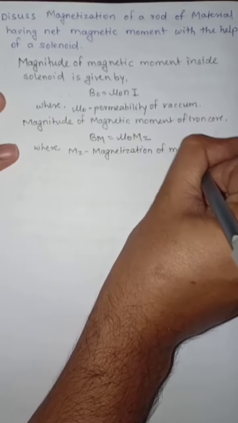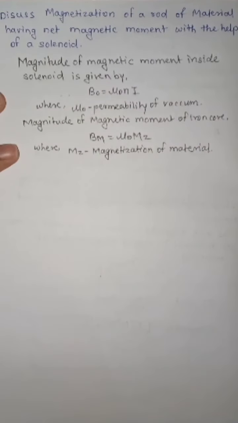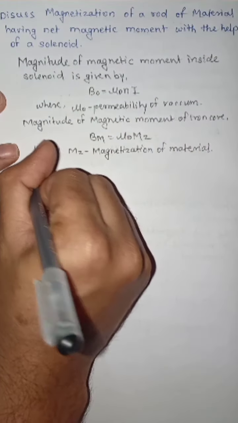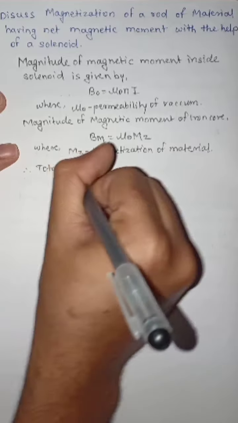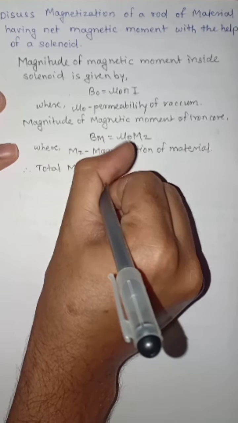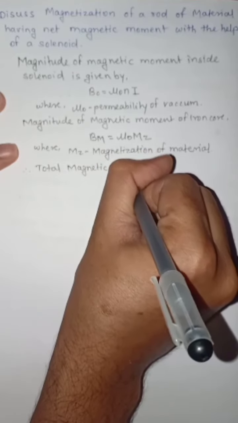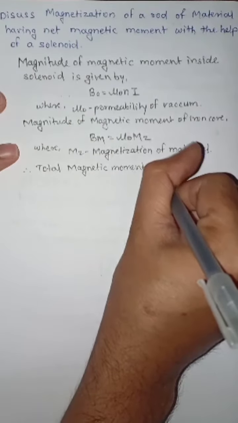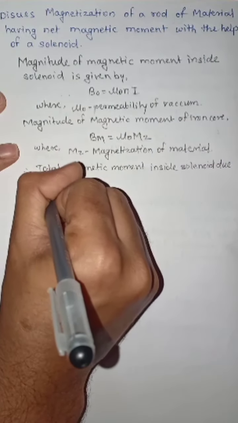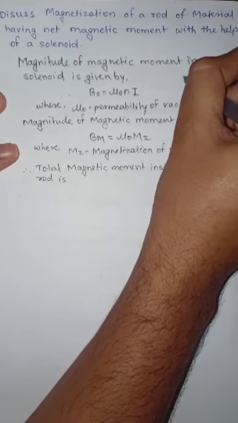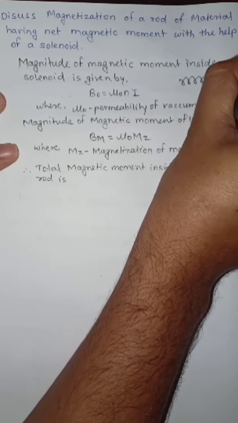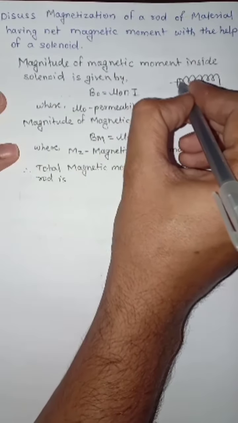Okay, so if we add both these equations, then we get total magnetic moment inside solenoid due to rod. Okay, see here, this is our solenoid, and inside the solenoid there is a rod.